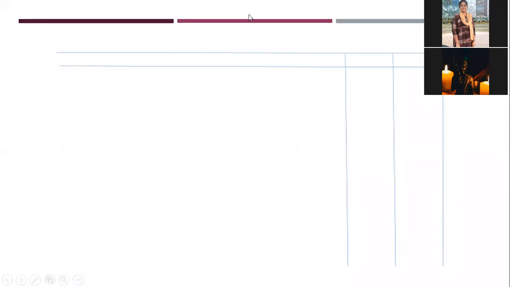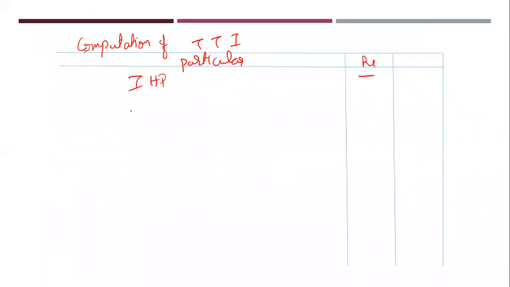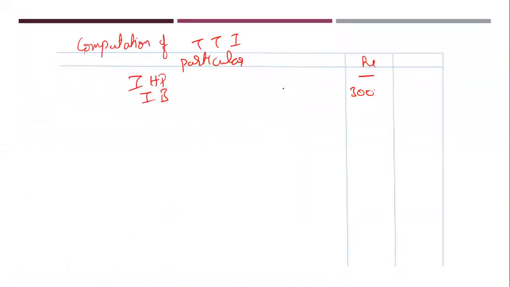Okay, so for your information, I'll solve it. Computation of total taxable income. Income from house property, the first head of income, is nil. Next is income from business. How much is it? 5 lakhs.